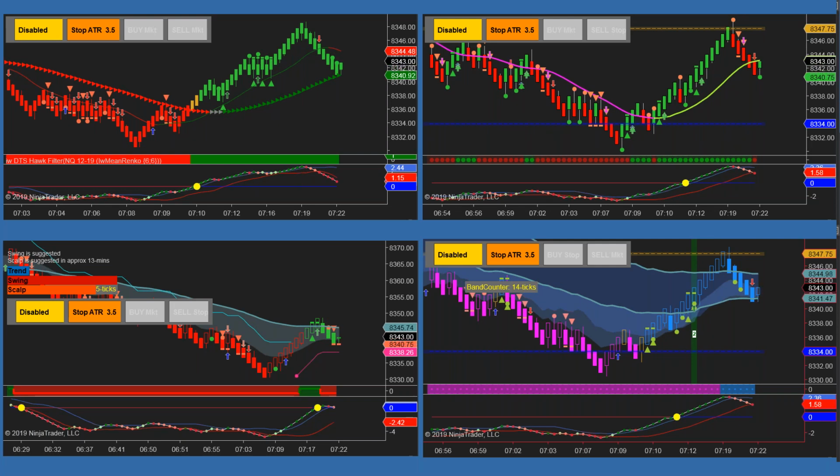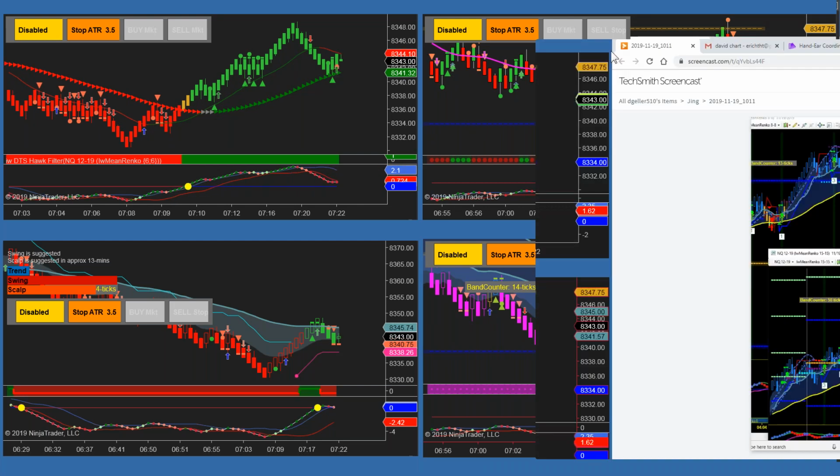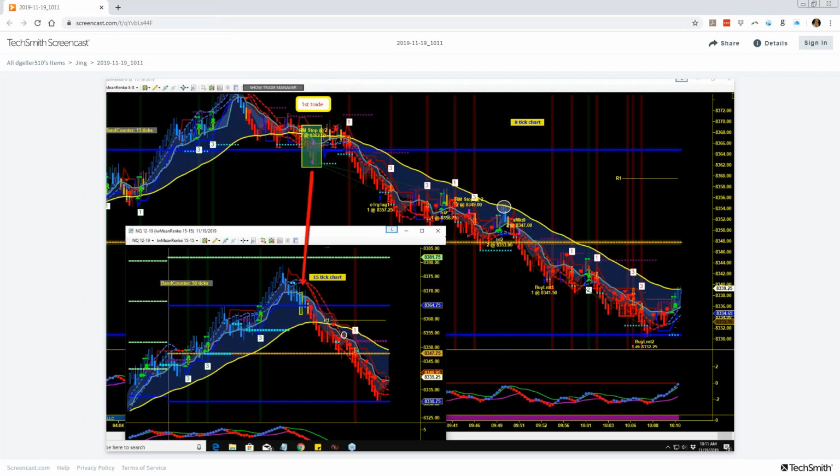All right, I'll bring over David's chart here. He kindly emailed it to me. Yeah, so here's the 8 tick in the background, the 15 tick. Yes, it certainly is cleaner.